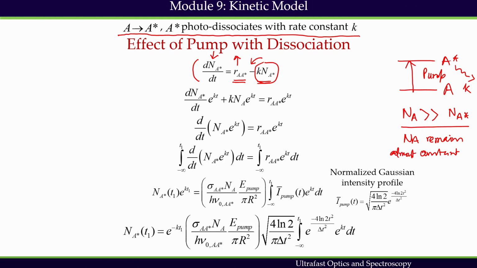Now, this equation is the first order linear differential equation of the standard form dy dx plus px y equals qx, which can be solved using the integrating factor e to the power integral px dx.